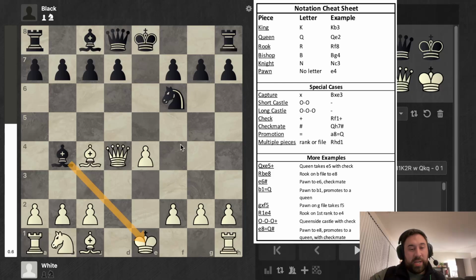The black bishop is checking the white king. So at the end of this, because we would just say bishop b4, but we have to include the check. The symbol for check is a little plus sign. So we would say bishop b4 plus, meaning bishop b4 check. All right.